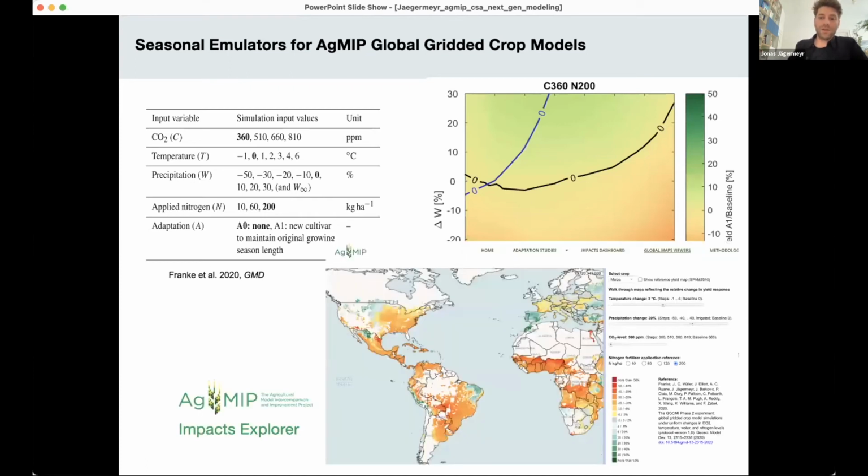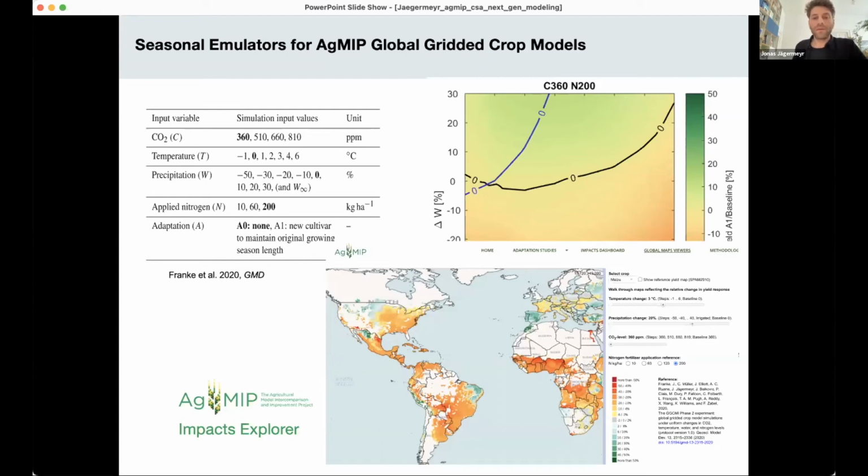But also, as Alex showed yesterday, we can put this kind of work into a dashboard or impact explorer that allows interactive user experiences, exploring changes across these domains.